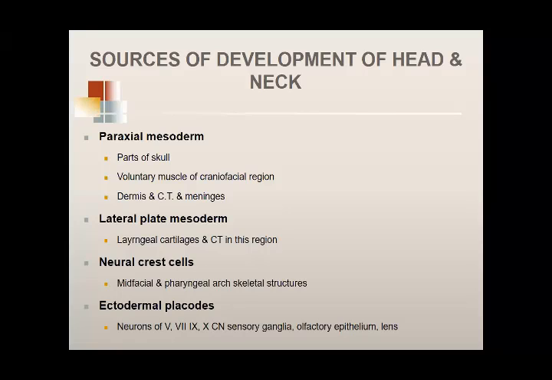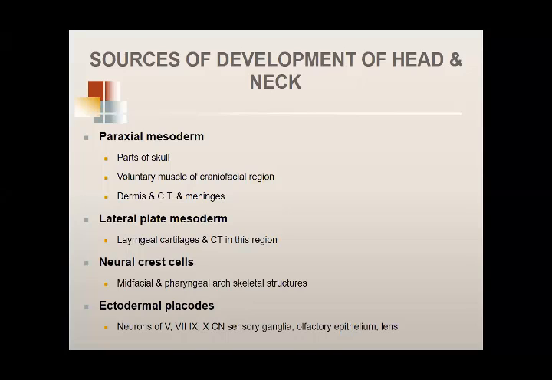Now, the contribution of the paraxial mesoderm to the head and neck. If you remember, we did that parts of the skull develop from paraxial mesoderm. Then certain voluntary muscles in the craniofacial region, that is part of the head, and of course the connective tissue, dermis, and even part of the meninges, the dura, develop from paraxial mesoderm.